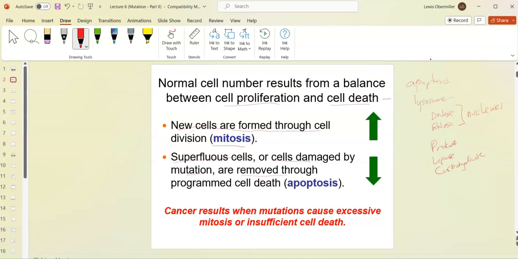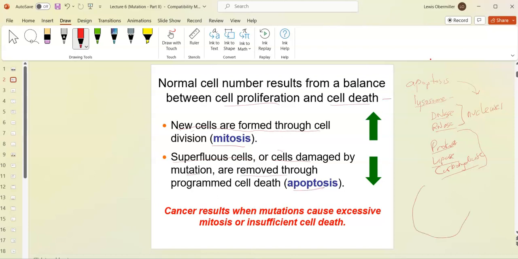My handwriting's terrible. So all these things are destructive enzymes. They're designed to break down proteins and lipids and carbohydrates and nucleic acids in the cell. And so if the lysosome is opened, then the cell is going to die. All these macromolecules are going to get chopped into bits. And so that's what apoptosis is.